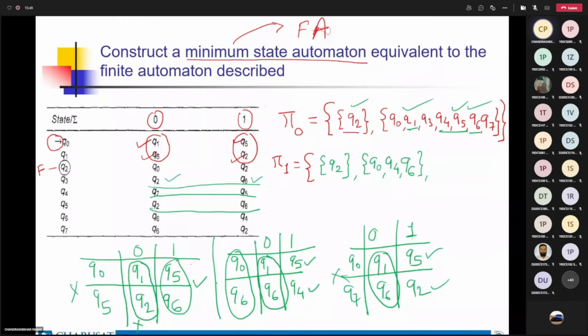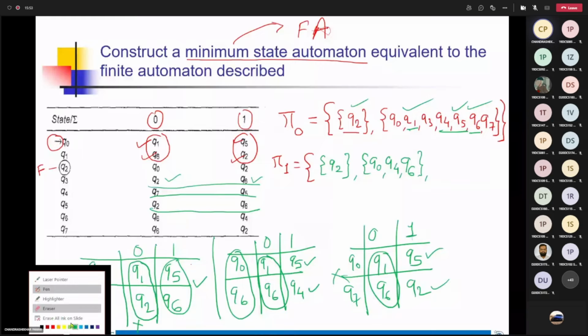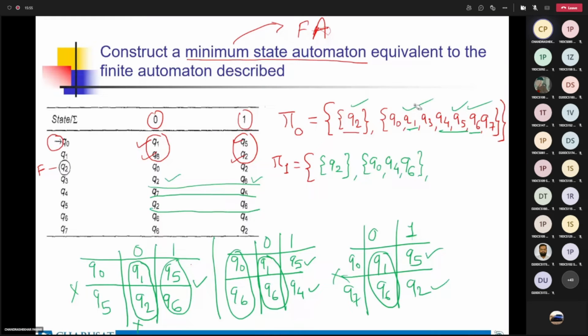So how many states are remaining? That we will see now. 1 is remaining, 3 is remaining, 5 is remaining, and 7 is remaining. Okay, so equivalency of 1 is checked with 3, then with 5, and with 7.